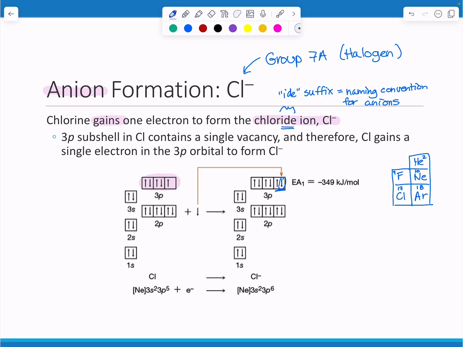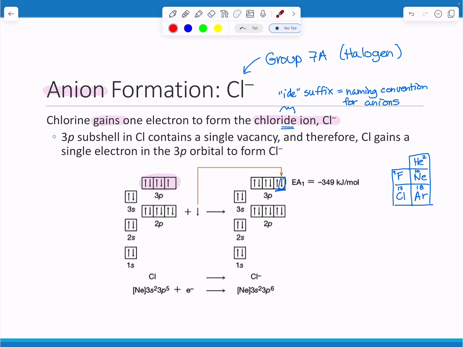And so this is going to be at the heart of some of our chemical reactivity that we see, right? So we have things like elements in group 1A that are energetically favored to give up an electron to get to the next noble gas.